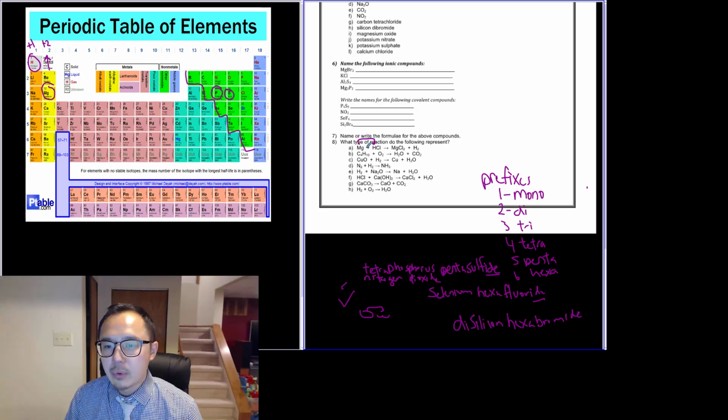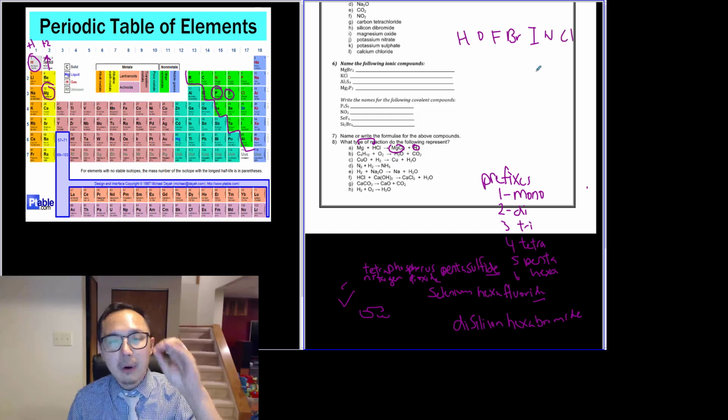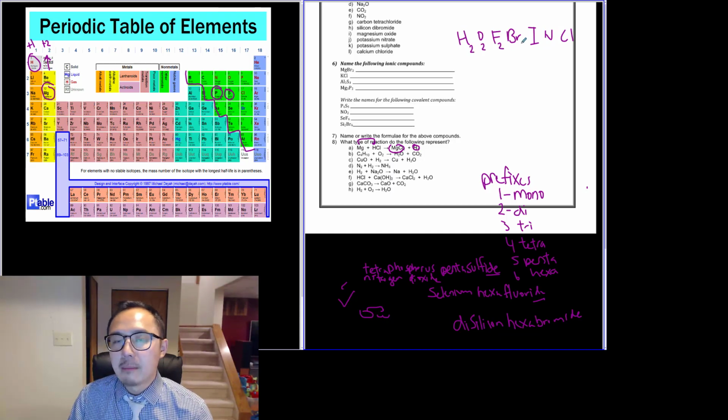So then the Mg will combine with Cl2 and give you H2. Why H2? This is part of the group called the Hofbrinkel group, which means that if they're by themselves, they need to be bonded to themselves. That means that H will be H2, O will be O2, F will be F2, Br will be Br2, I2, N2, and Cl2. So that's your first one.